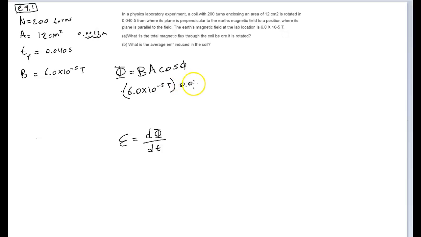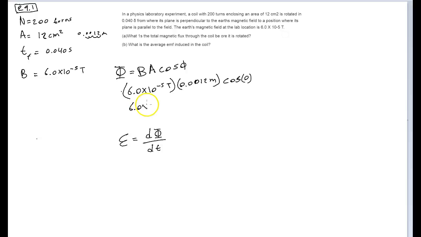So that's 0.0012 meters squared. So it's saying that the plane was first perpendicular to the magnetic field, cosine of 0, and then it was parallel.